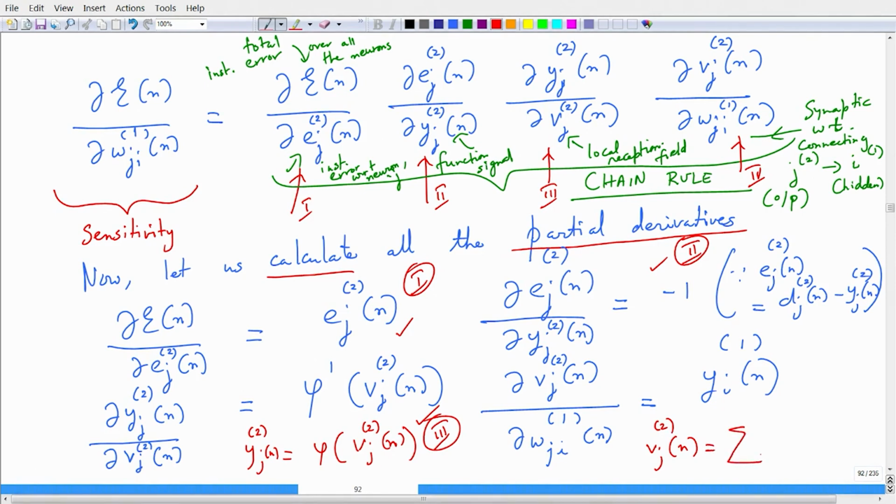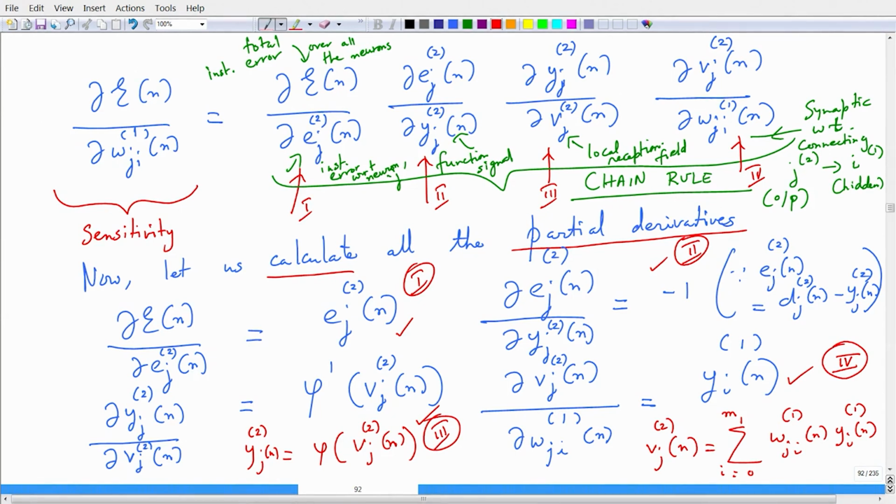Just to recall, this is what we have, indicative of the layer numbers. So, this is also clear. We have all the 4 terms.